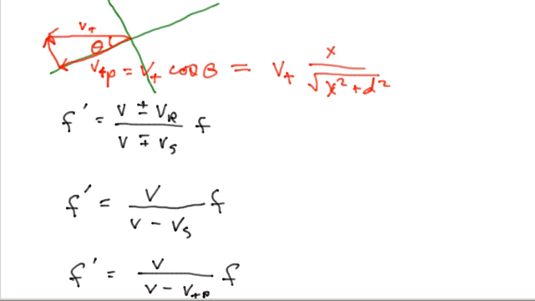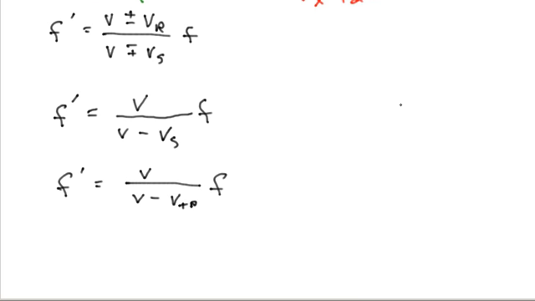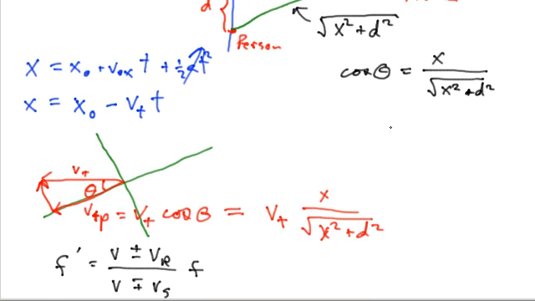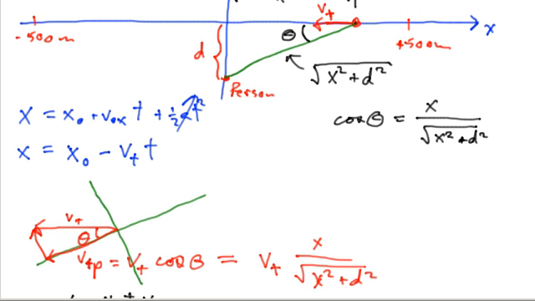Alright, I think I'm pretty much there. So I've got the velocity of the train toward the person expressed right there, and I've got the frequency. We do have to worry about something: this is good at least up until the origin of my coordinate system.